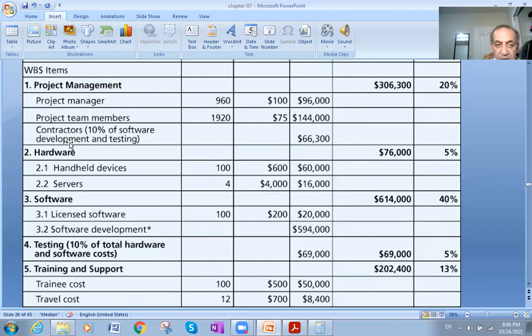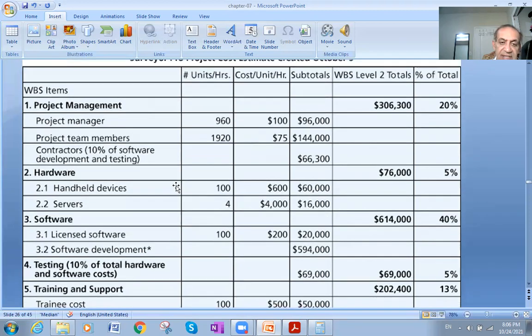When I do the work breakdown, the first is the salaries and the costs of the manpower, the people who are working on the project. Secondly, the hardware. We can look at this hardware here. As an example, I need 100 units. Each unit will cost me $600.